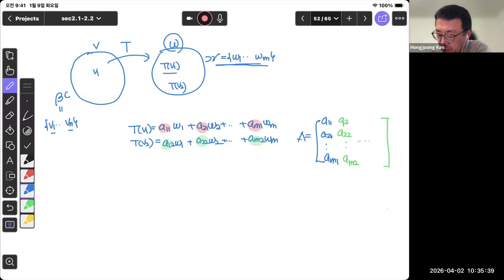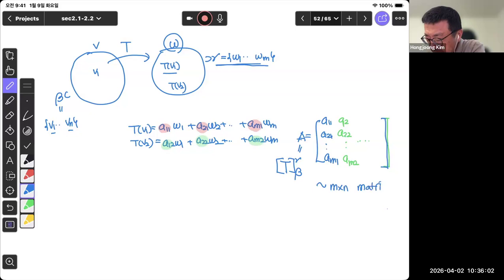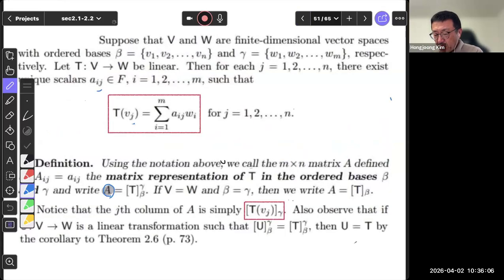Then this matrix A will be denoted by T with square brackets, and then you put beta as a subscript and gamma as a superscript. This is an m by n matrix.